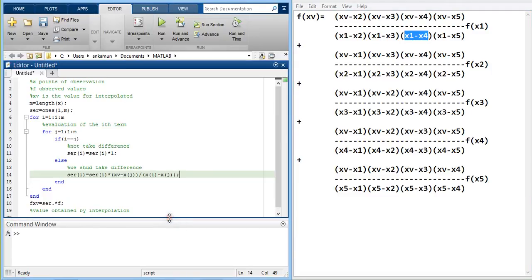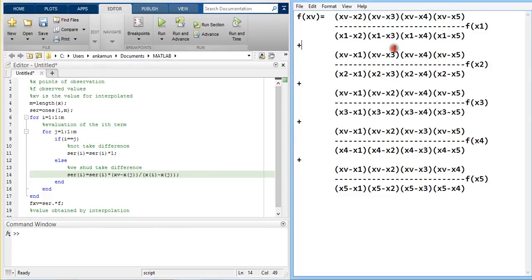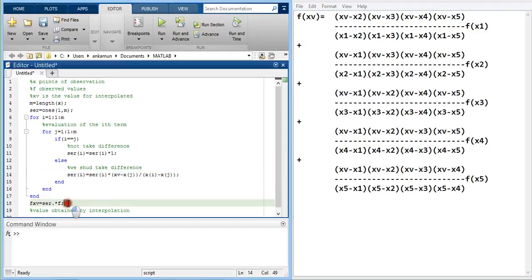People who have worked with other programming languages like C will find loops very convenient. For the others, it will definitely take a little bit of effort, but MATLAB, being a very easy to learn programming language, you will find it very intuitive and easy to understand. Here, line number 18, we have 5 terms in SER and 5 terms in fx.